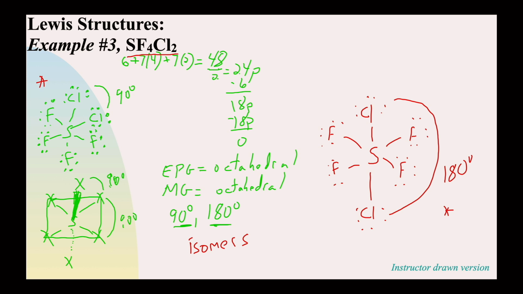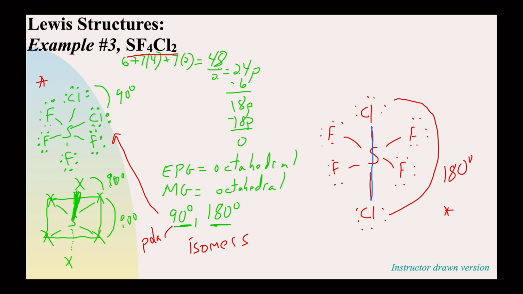And why this is so important: in your 90-degree version of the isomer up there, everything around this sulfur is definitely not the same, and you don't have anything canceling each other out. The 90-degree one is a polar molecule. But the interesting thing, in the 180 molecule, is that atoms are exactly opposite each other.